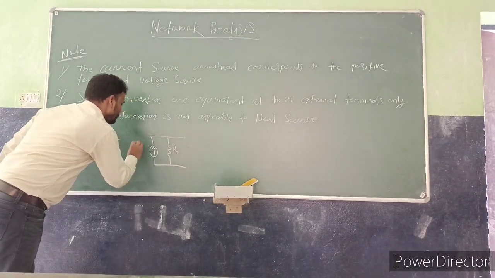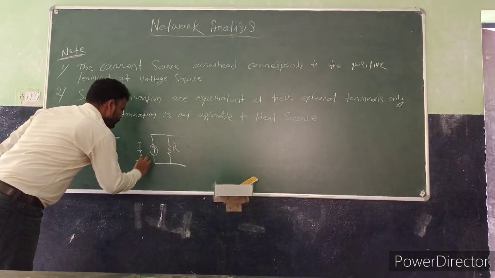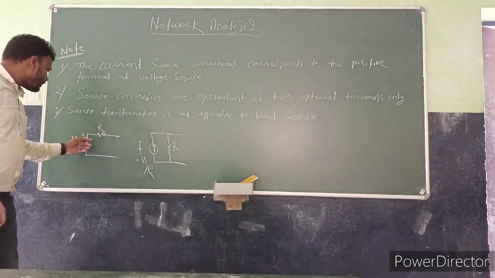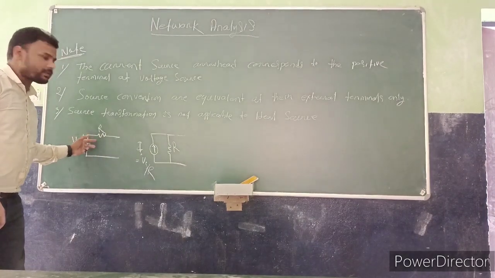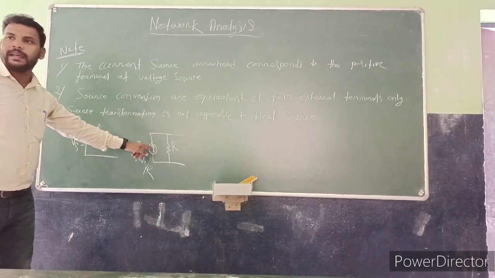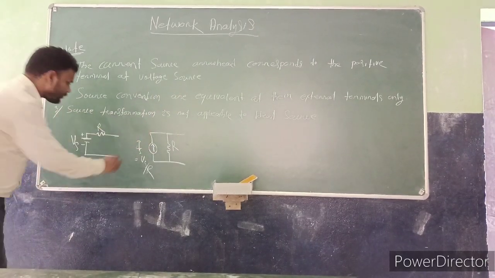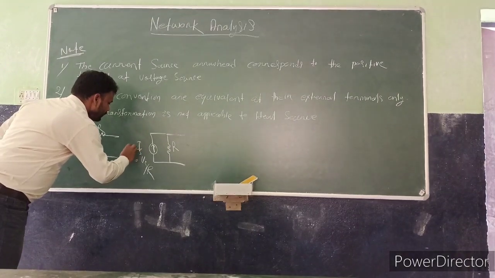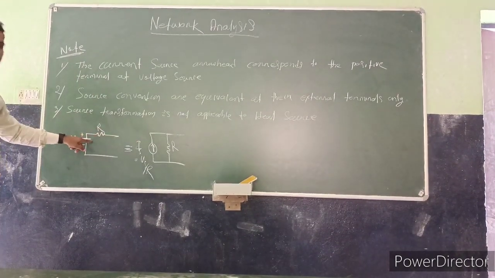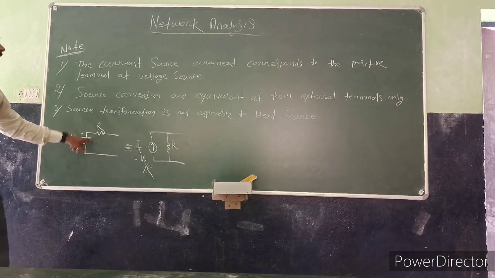This is Is, which is equal to Vs by R. When a current source is converted to a voltage source, the arrowhead side should be the positive side of the voltage source.